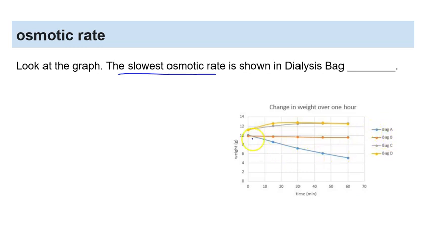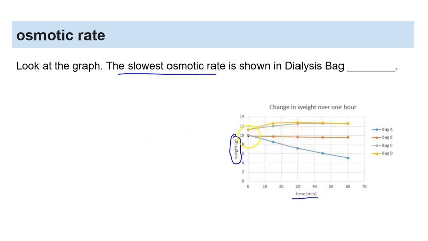Bag A is shown in blue in the graph. The x-axis shows the time in minutes, from 0 to 60 minutes. And the y-axis shows the weight of the bag, or our artificial cell.